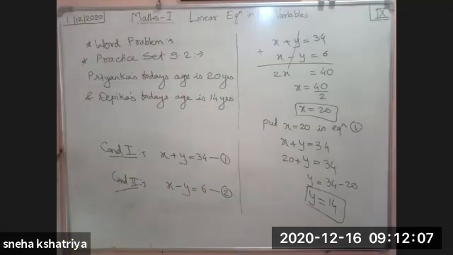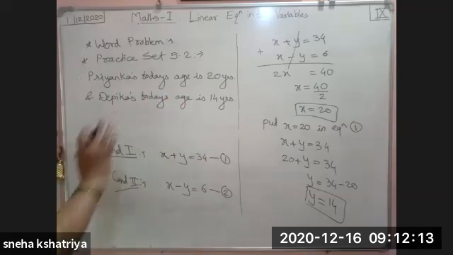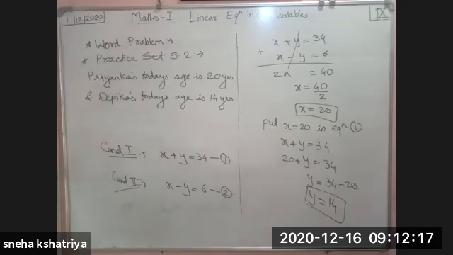The statement you have to write at the last so that it becomes a complete example that you have completed. This is how we are going to solve the word problems.